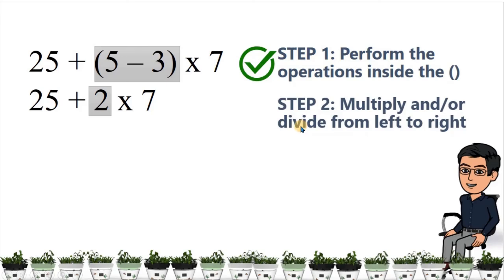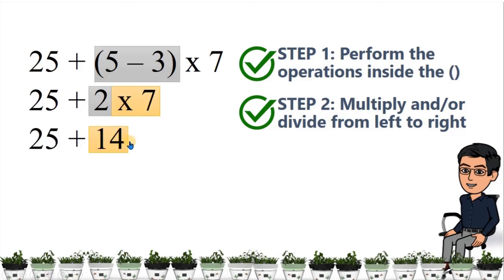Do we have multiplication and or division? Yes, we have a multiplication. So therefore, step number 2 is also a check. So that means we have to multiply 2 times 7. And what is 2 times 7? That is equal to 14.